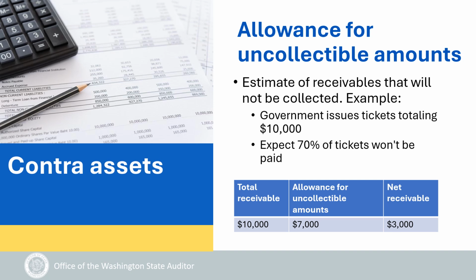That means they estimate 70% of that $10,000 will not be collected. So they record an allowance for uncollectible amounts of $7,000. Because this is a contra asset account, or a negative asset account, we combine it with the related asset, the receivable account, to get a net receivable of $3,000.